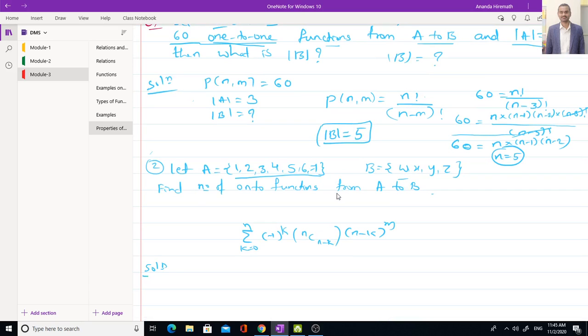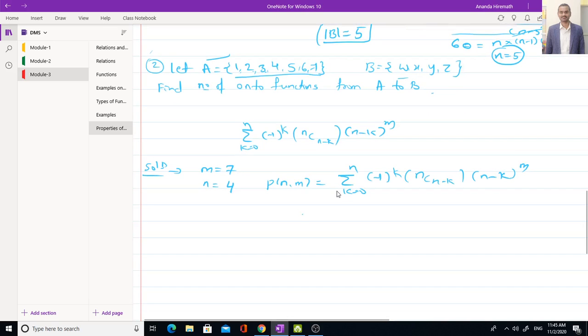But under solution, the given data is, say, m. m means the number of elements in set A. 1, 2, 3. There are 7 elements. n is given. n is 4. Now let us find the number of onto functions. So P(n, m) is given by this formula, k equal to 0 to n of (-1)^k nC(n-k) whole raised to m.